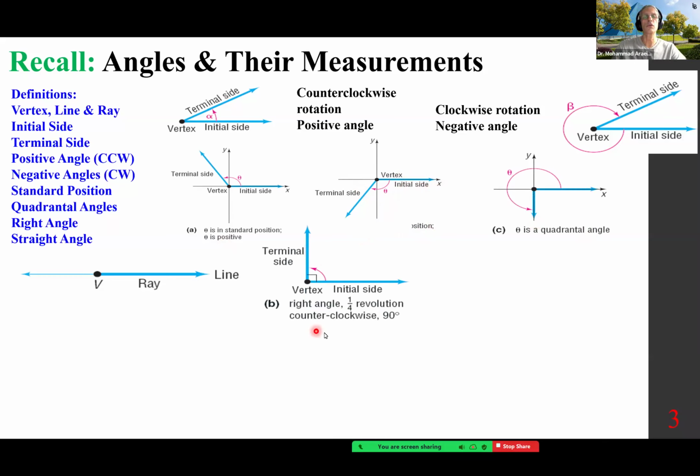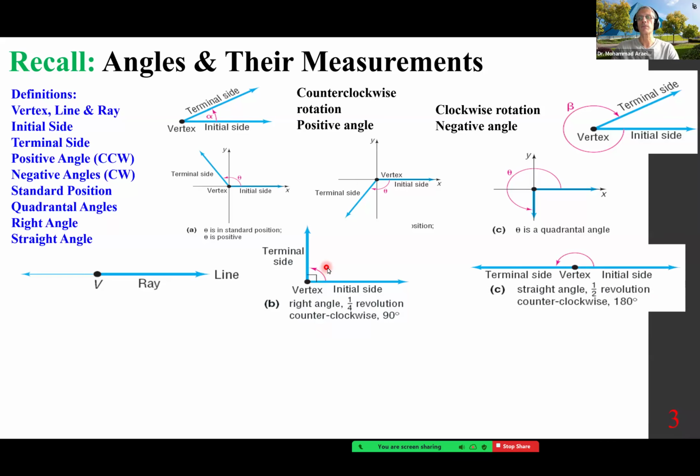It's 1/4 of a revolution. A complete revolution is 360 degrees, or 2 pi radians. This is 1/4 of it, pi over 2, or 90 degrees. So the terminal side is along the positive side of the y-axis.